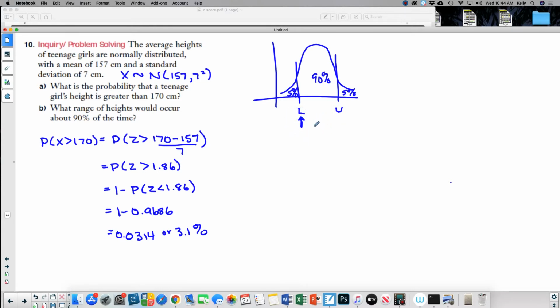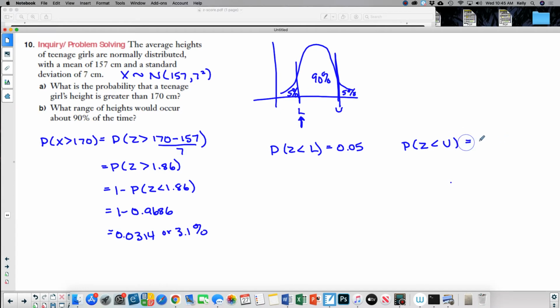which means that we want everything less than this and less than this. So less than this is 5%. So what I want is the probability that z is less than the lower bound. We know that that is 5%, 0.05. And then the probability that z is less than the upper bound, well, everything less than this point here, there's 5% over here, so that means there's 95% over here.